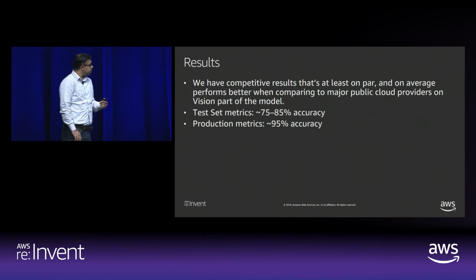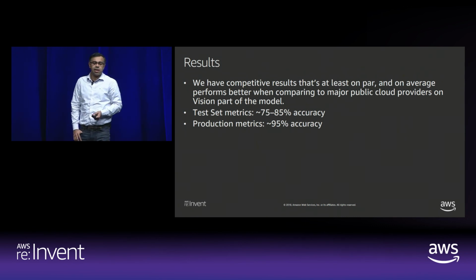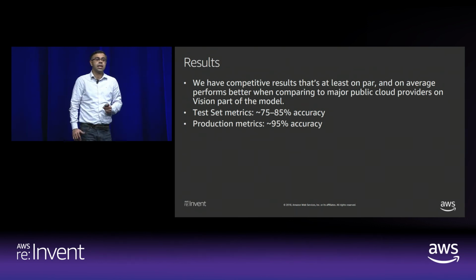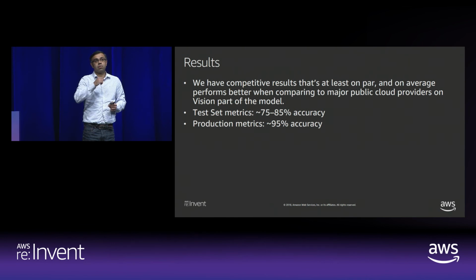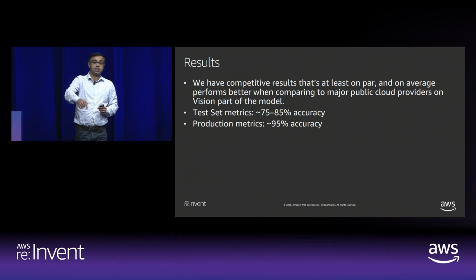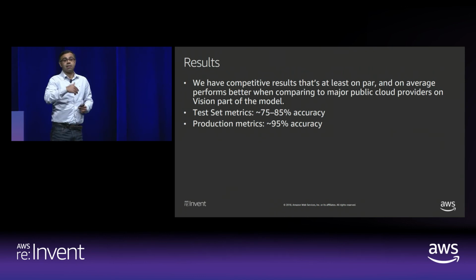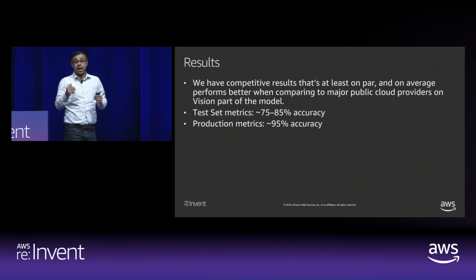I can take it if you want. Yeah. So essentially, that's a very good question. At least on the production side of things, we have mechanisms in place where when a user corrects the value that we have returned, we capture that action, and that for us becomes a feedback loop.